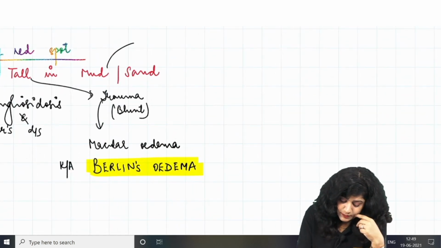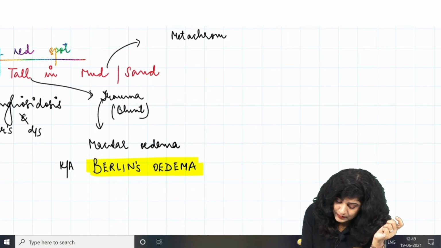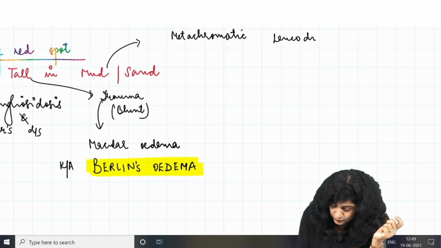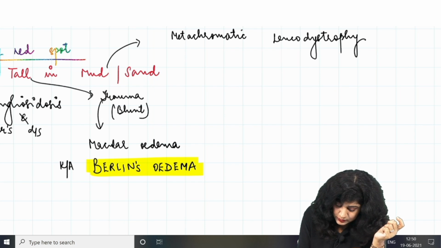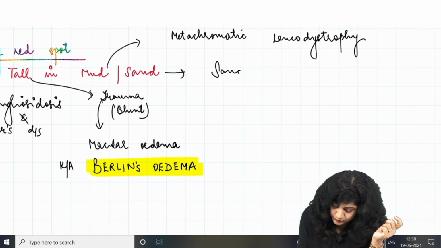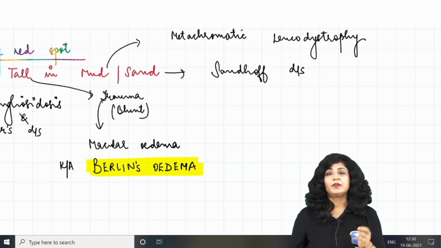Then you have mud: this is metachromatic leukodystrophy. We also have Sandhoff disease. Right?